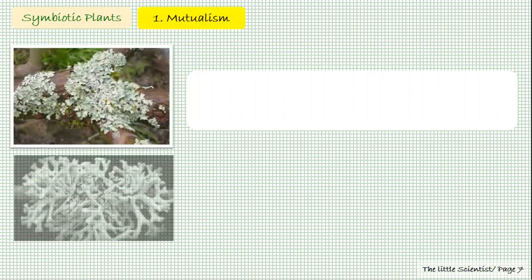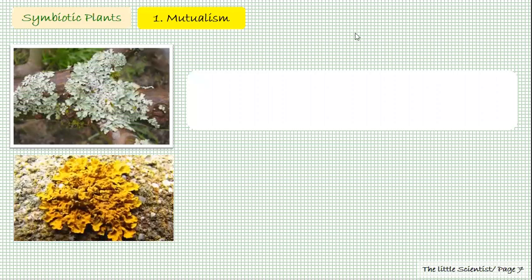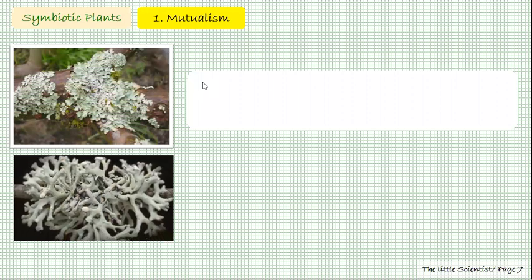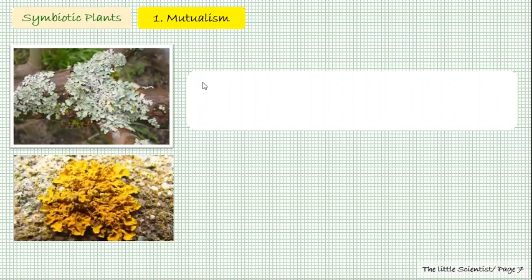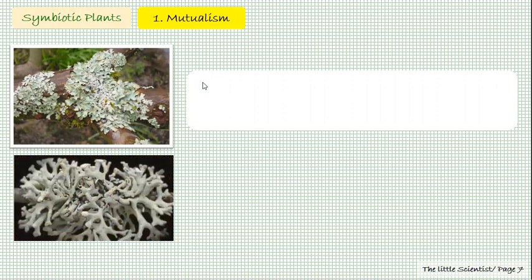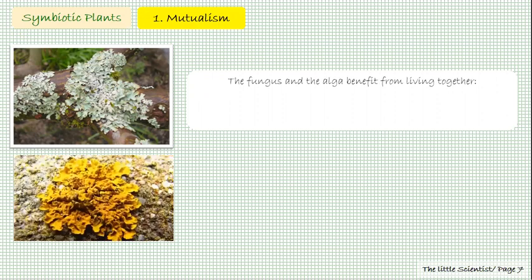An example of a symbiotic relationship between organisms is the lichen. These pictures show the lichen. What's lichen? It's any symbiotic partnership between an alga and a fungus.